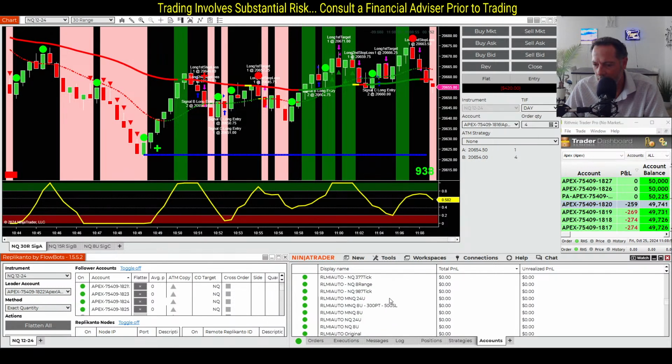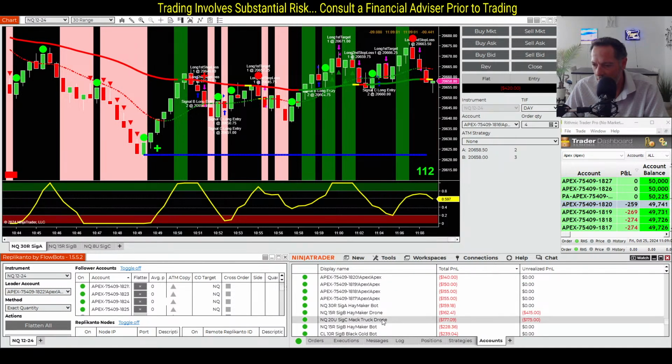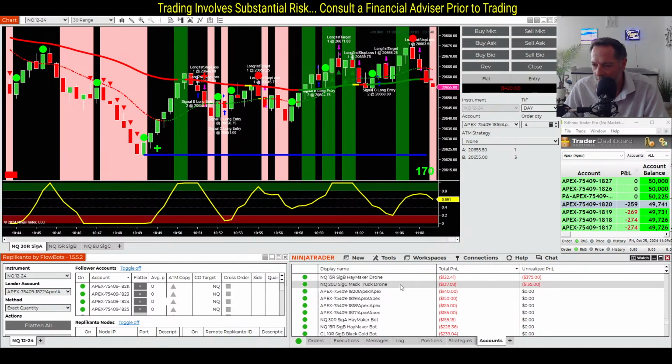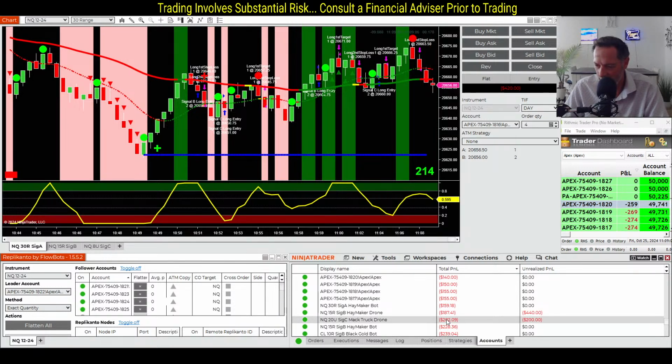Where's the Mac truck at? Right here. So right here's the Mac truck. It's down 130, 200 on this one. So very close. I was down 100. Yeah, I'm in this trade right now too.